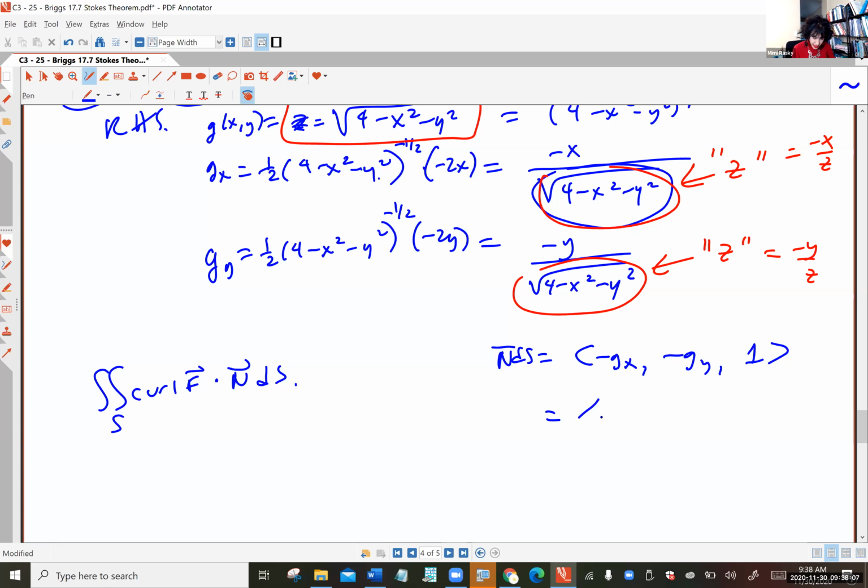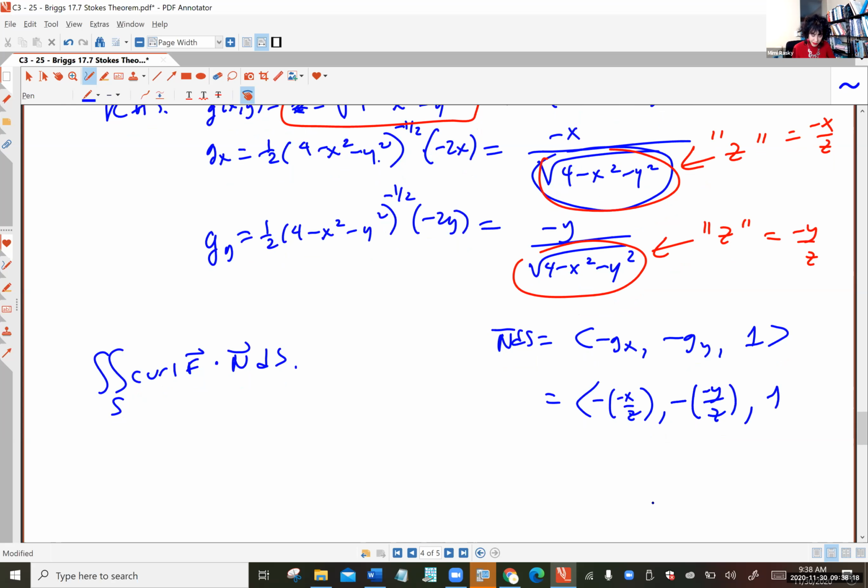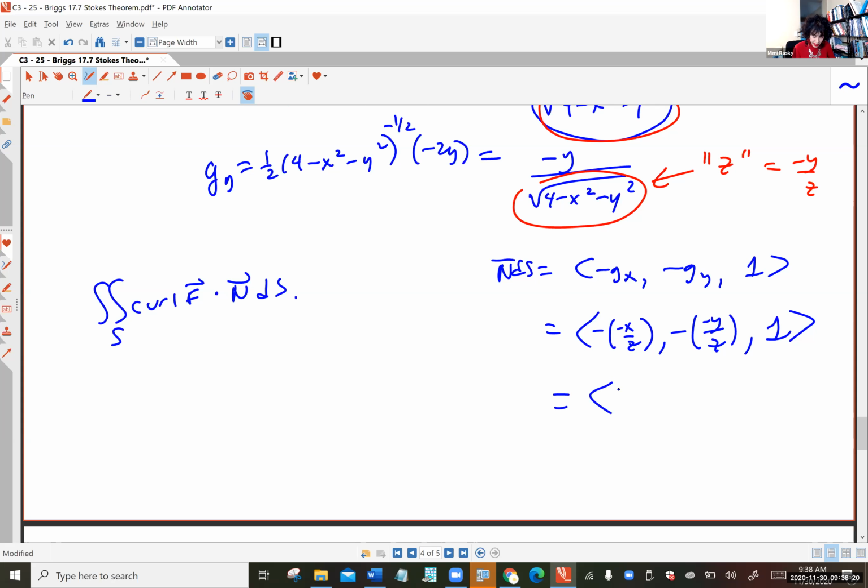So this is going to be negative x over z, negative y over z, 1. So this is looking like positive x over z, positive y over z, 1. Let's just save that for the moment because we need to go get the curl.